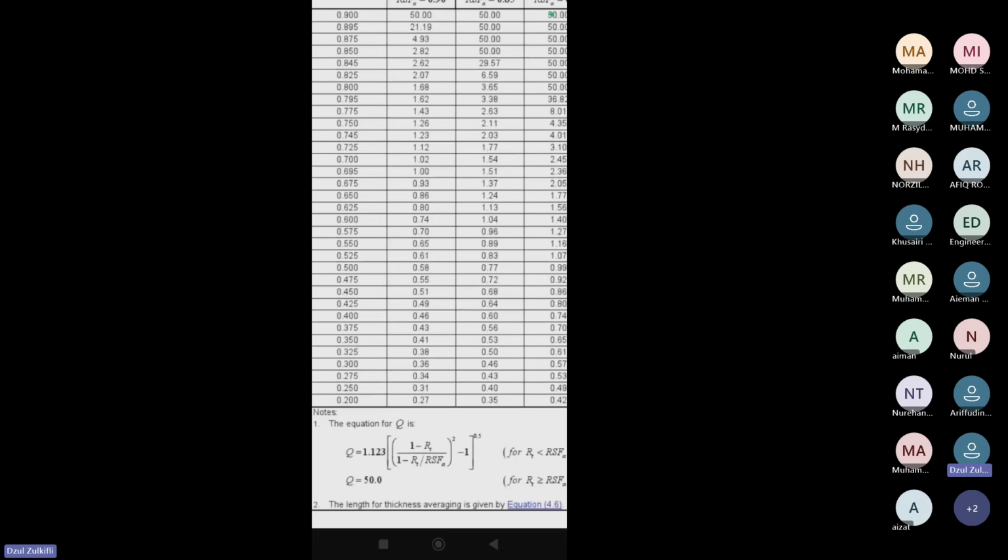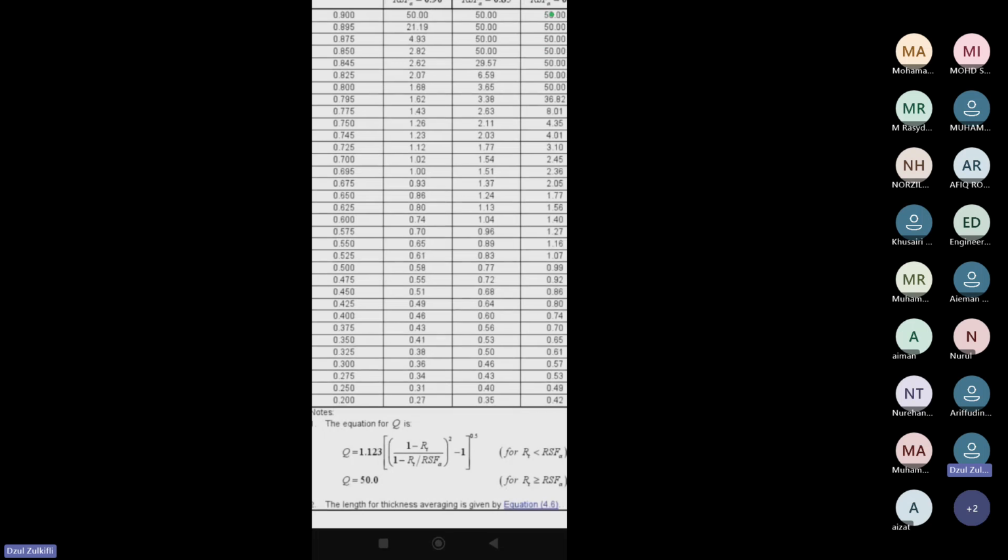I'll give a few minutes for people who want to do this calculation. In the meantime, I'll quickly explain the significance of Q. From this Q constant, we get the length over which we can do the averaging. In the example just now, the thinnest spot was 0.36 inch. Its neighbor is 0.58, which is above 0.43, so the neighbor is strong and good. How much of the neighbor can it borrow? So we calculate Q to get to that.